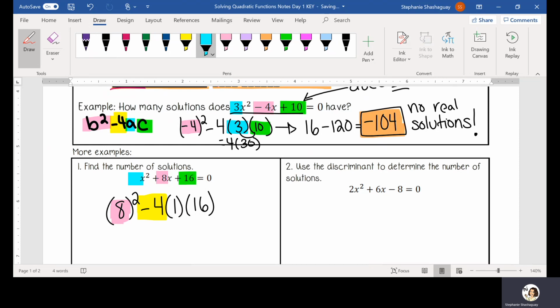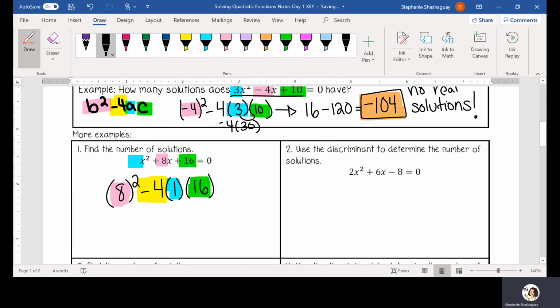I'm going to finish highlighting here first, though, just so we can keep everything color-coded so we know where everything went. So my B here, my A here, and my C here, right? All right, so 8 squared is going to be 64. And then we're going to subtract 4 times 16, because 4 times 1 is just 4.